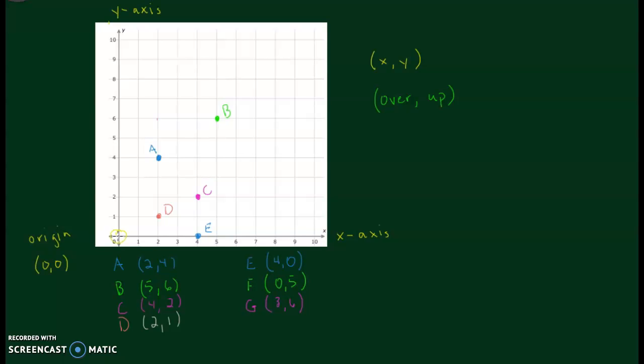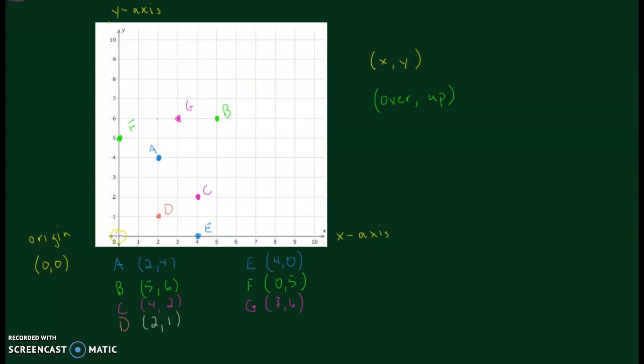We stay at the origin. Y is 5, so we're going to go up 5. And we're going to plot that point right there, and that's going to be F. And then for G, we're going to start at the origin, go over 3 and up 6. 1, 2, 3, 4, 5, 6. And that's going to be point G.